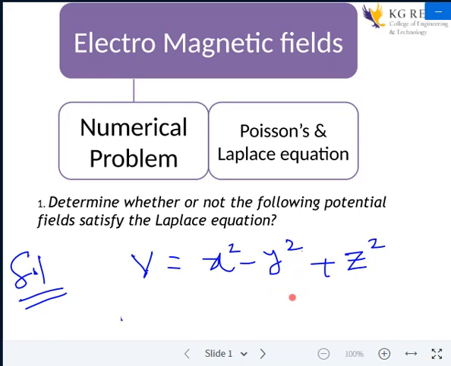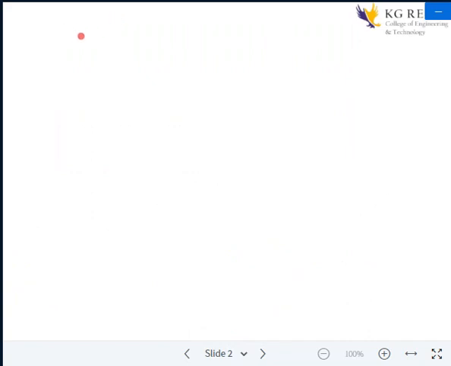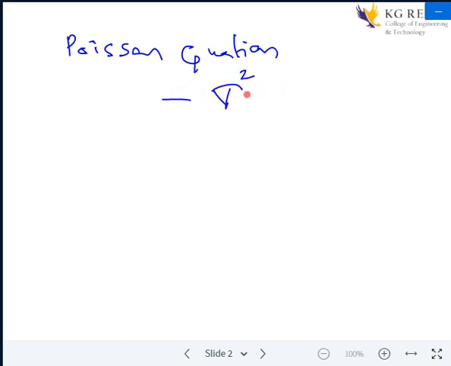Now I am going to solve this for the Laplace equation. As we know, first of all, Poisson's equation can be given as del square V is equal to rho V by epsilon.